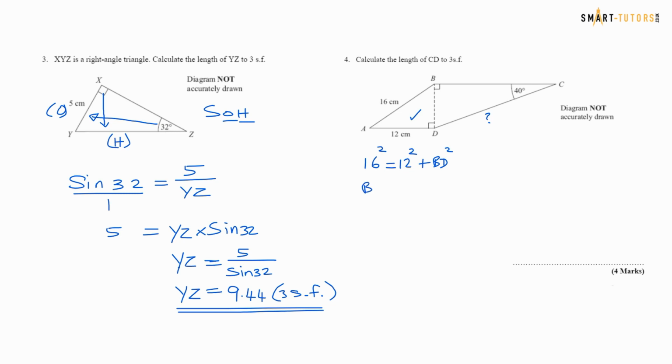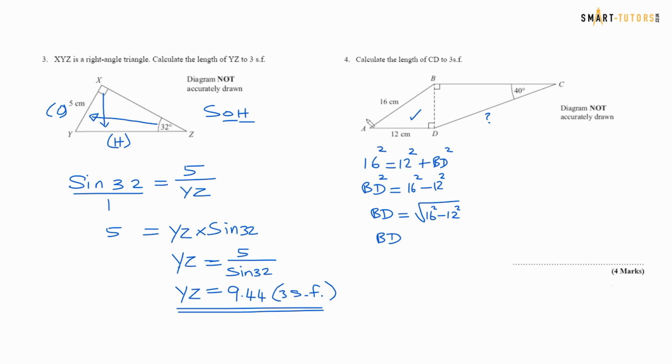If you make BD squared the subject, 16 squared minus 12 squared. So BD equals the square root of 16 squared minus 12 squared.